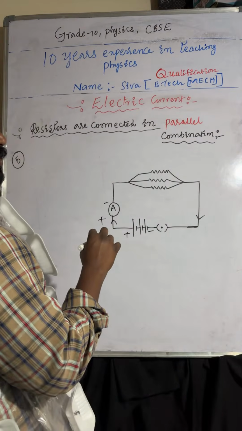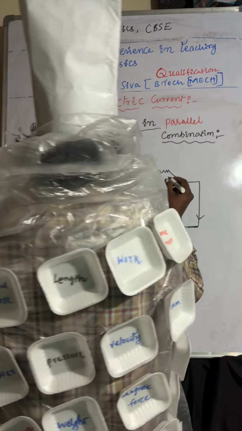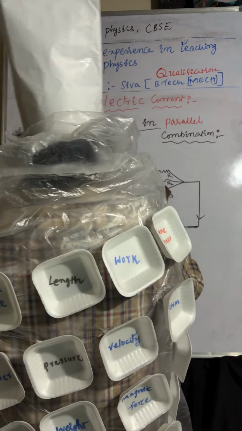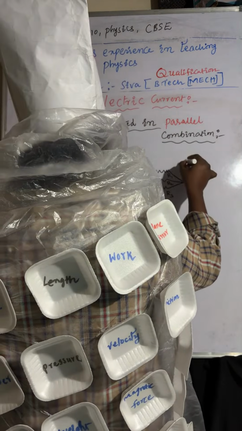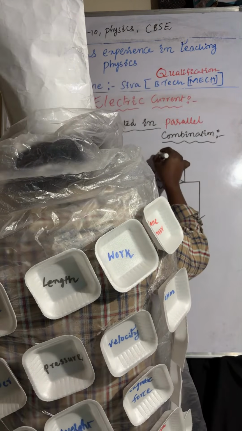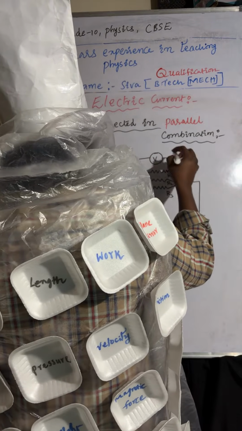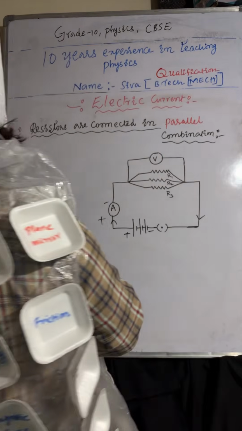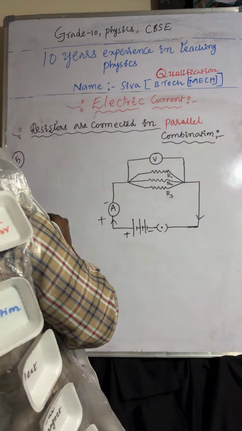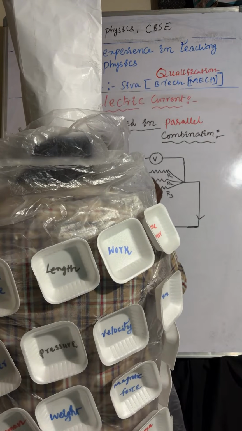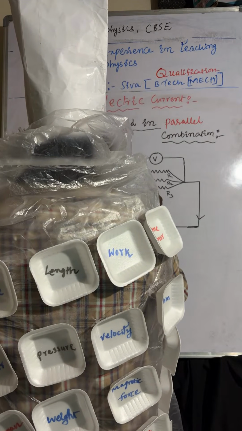So R1, R2, R3. Across R1, R2, R3, I am connecting the potential difference. Through R1, I1 is going; through R2, I2; through R3, I3.